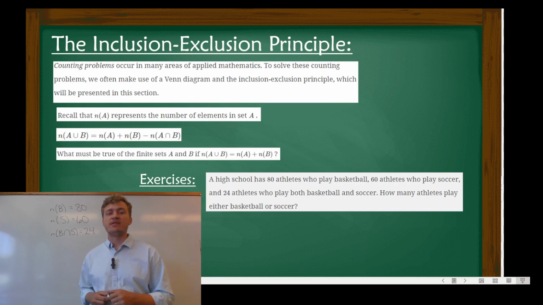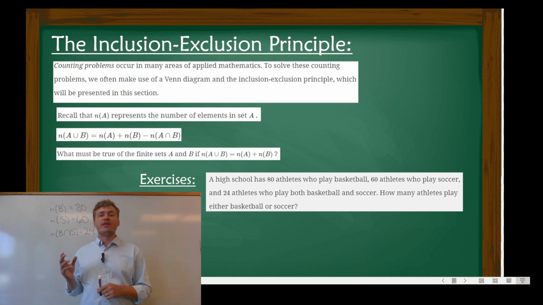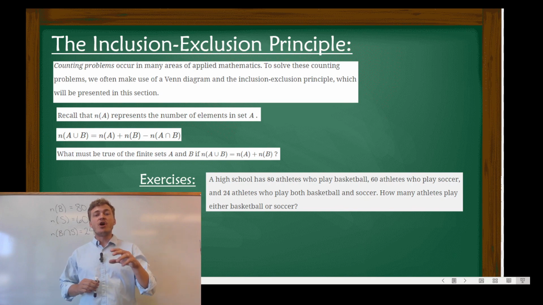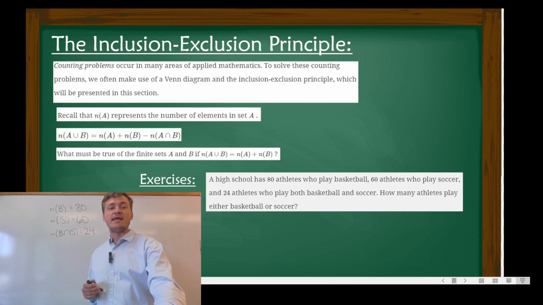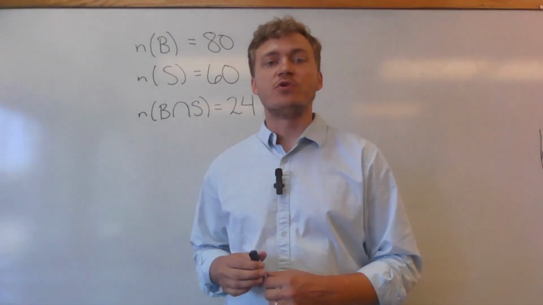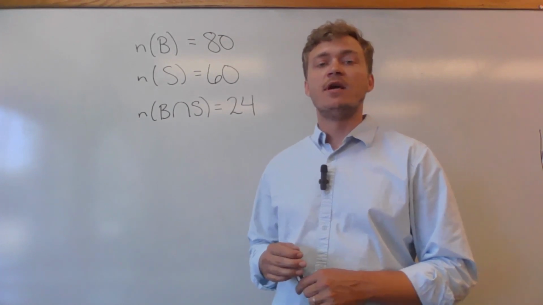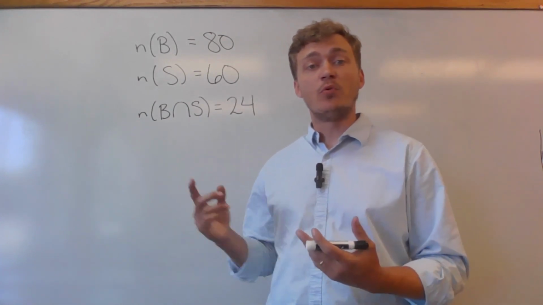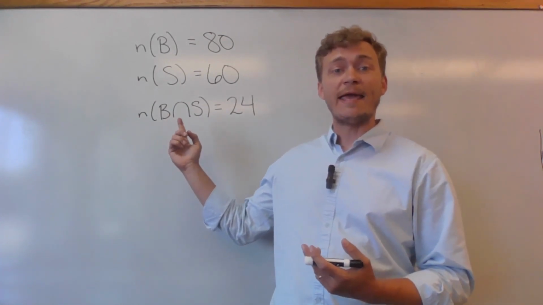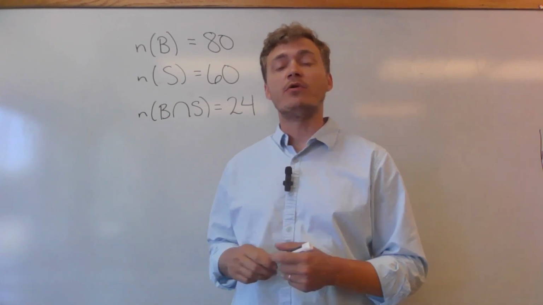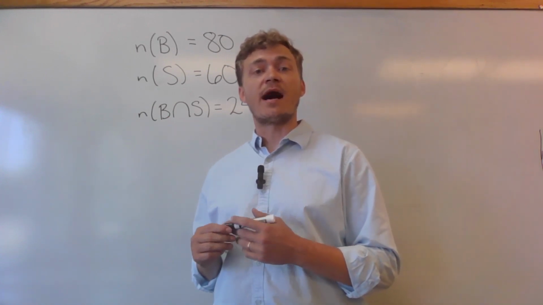If you think about this here, we're going to let the basketball be denoted as capital B, soccer as capital S, and therefore the number of people that play basketball, 80, is going to be N of B. The number of individuals who play soccer are 60. The number of individuals that play both sports, that is basketball and soccer, is 24. They want to know how many athletes play either or, right?